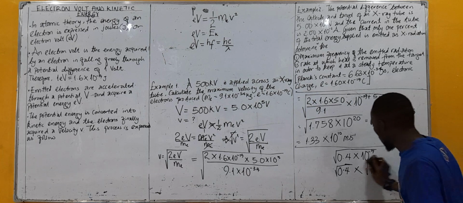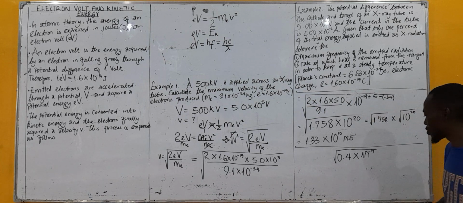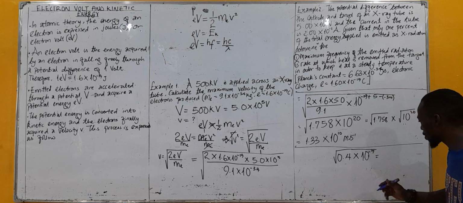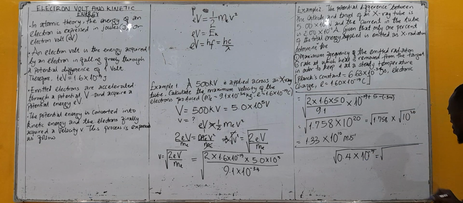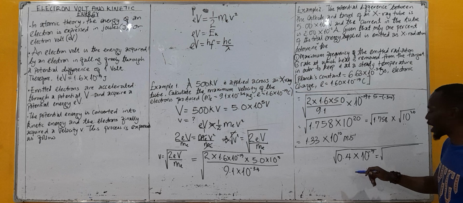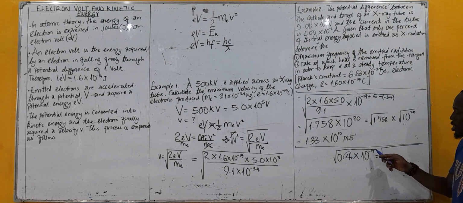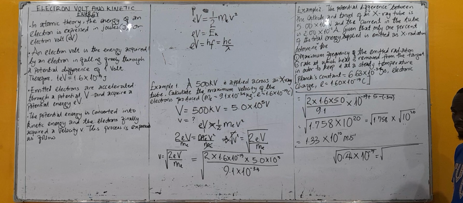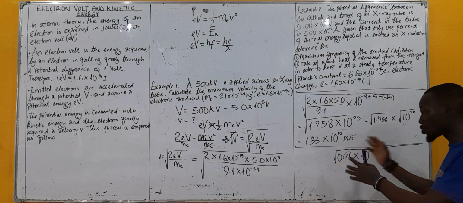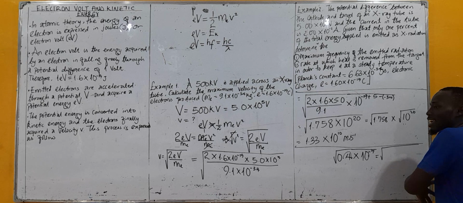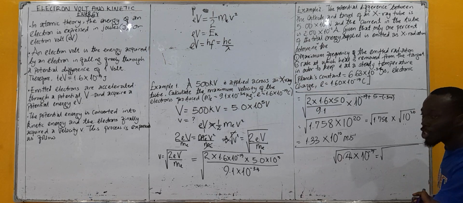This is it. It's just standard form. Maybe I'm going to do a separate video on standard form. This will now be square root of, if I take this decimal point to this place, this will be reducing by 1. Listen to me. If I take it to the right, it will be reducing by 1. If I take it to the left, it will be increasing by 1.